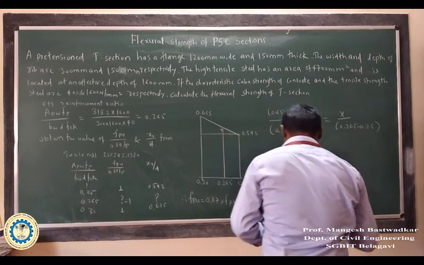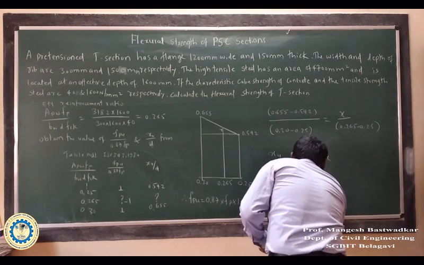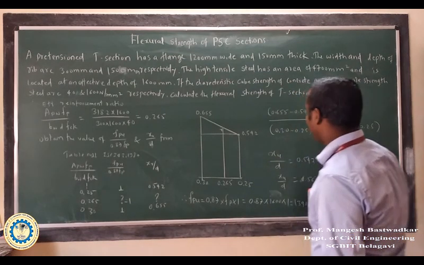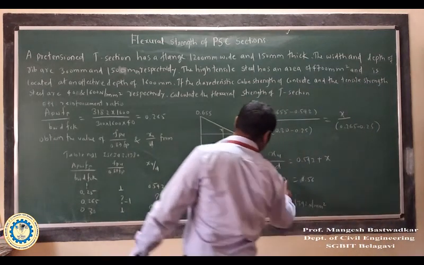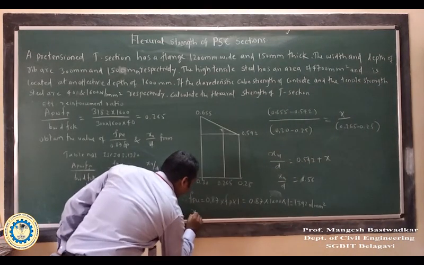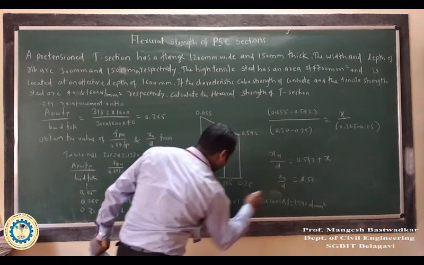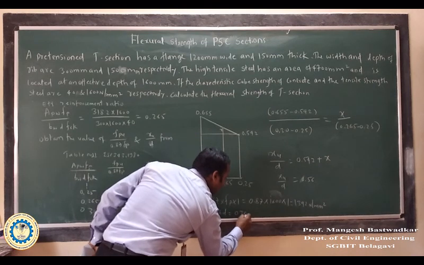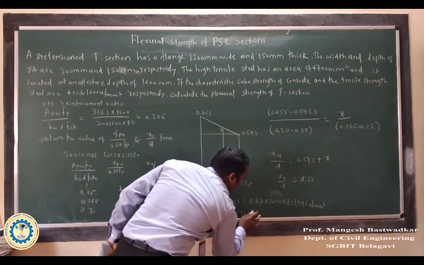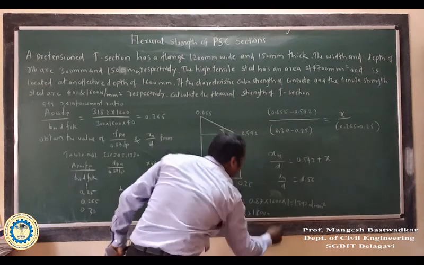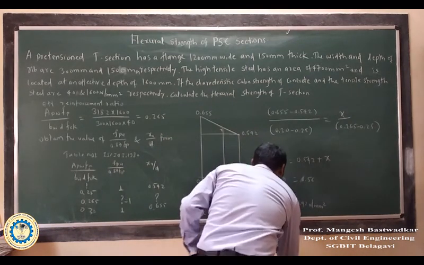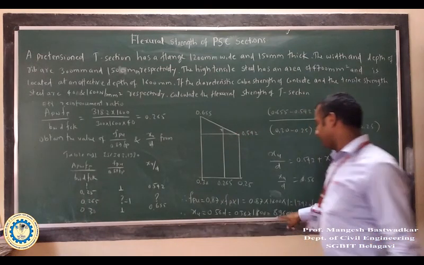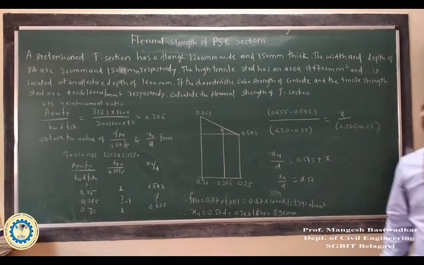So you will get this value as 1392 Newton per mm square. Then we can also calculate the value of XU. XU is equal to 0.56 D, and the effective depth is 1600 mm. So you will get the depth of neutral axis equal to 896 mm.